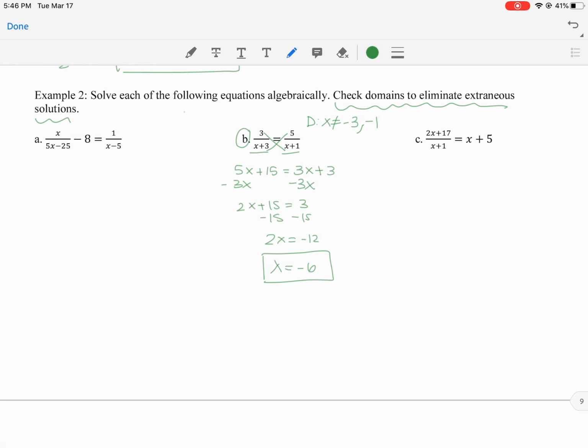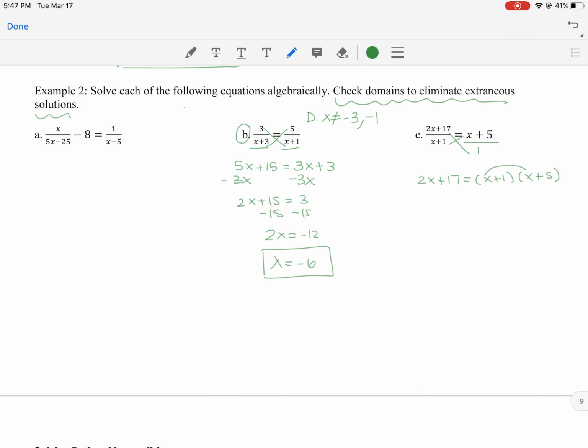All right, let's do C and then we'll go back to A. So we could do C the same way. I could put it over 1 and I can cross multiply if I wanted. So as I put it over 1, I get 2x plus 17, but then on this side you get x plus 1 times x plus 5.